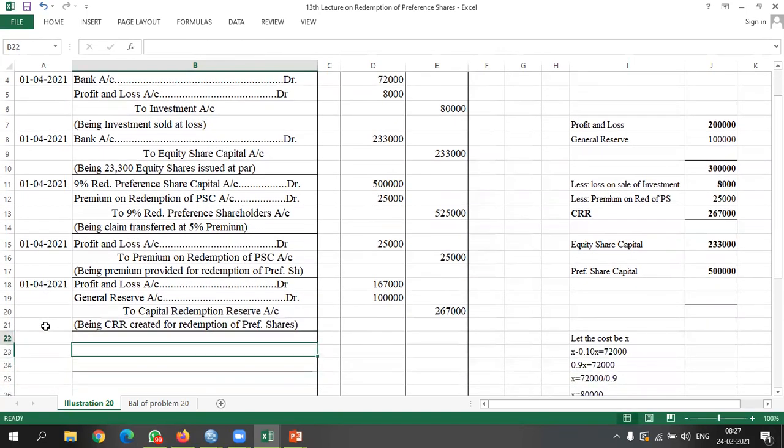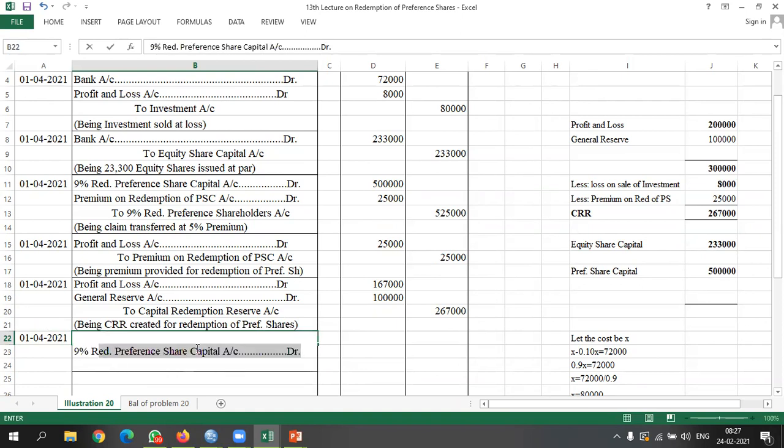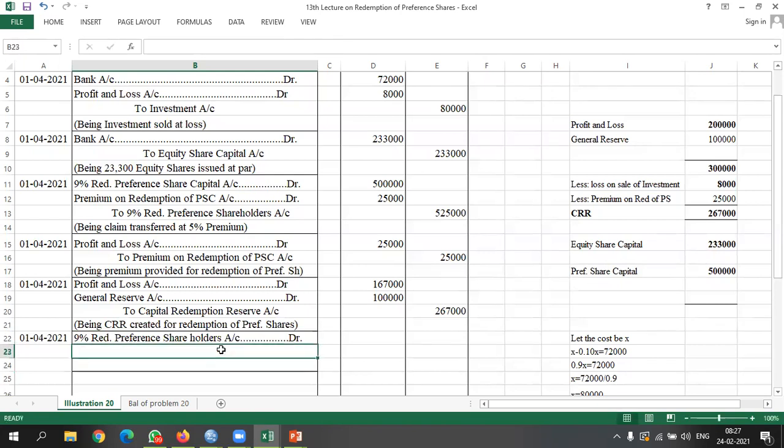Then after that, my next entry will be of claim settlement. And the entry of claim settlement is 9% redeemable preference shareholders account debited to bank account.